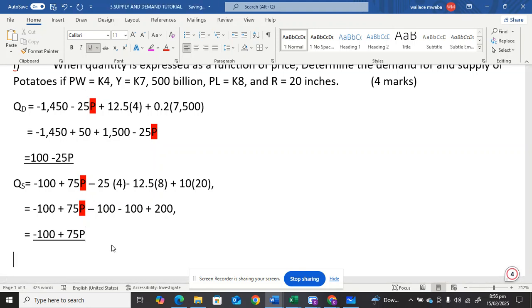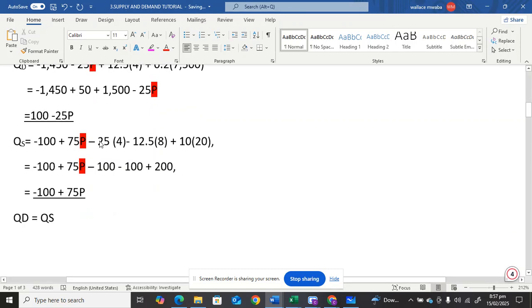Whenever you want to get equilibrium, always equate the demand function QD to QS. So our demand function, 100 minus 25p, equals our supply function, negative 100 plus 75p.